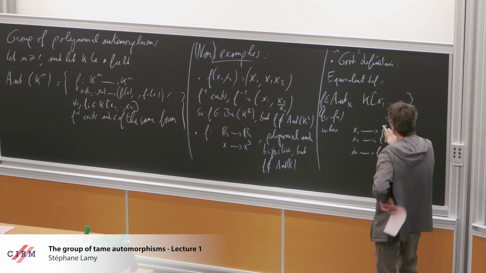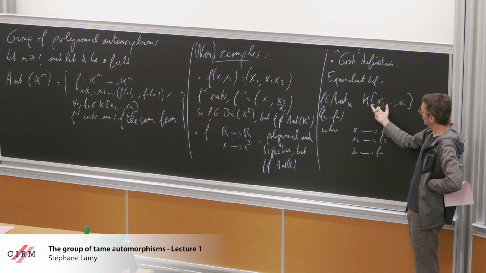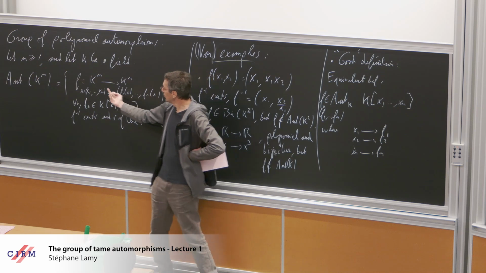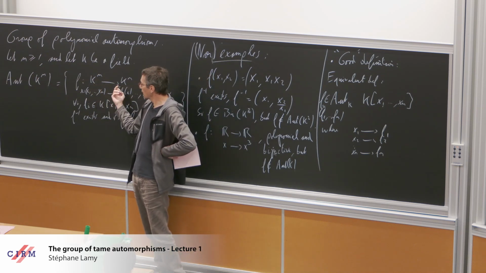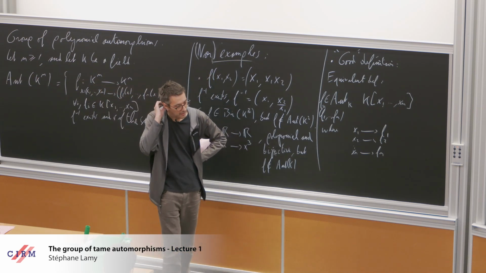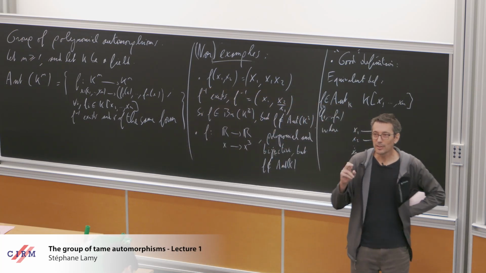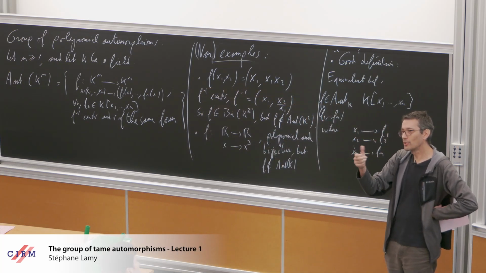Okay, so this group of automorphisms of this algebra is isomorphic to this group of polynomial maps from k^n to k^n. You should be careful that it is not exactly isomorphic, it is anti-isomorphic, meaning that it reverses the composition law.